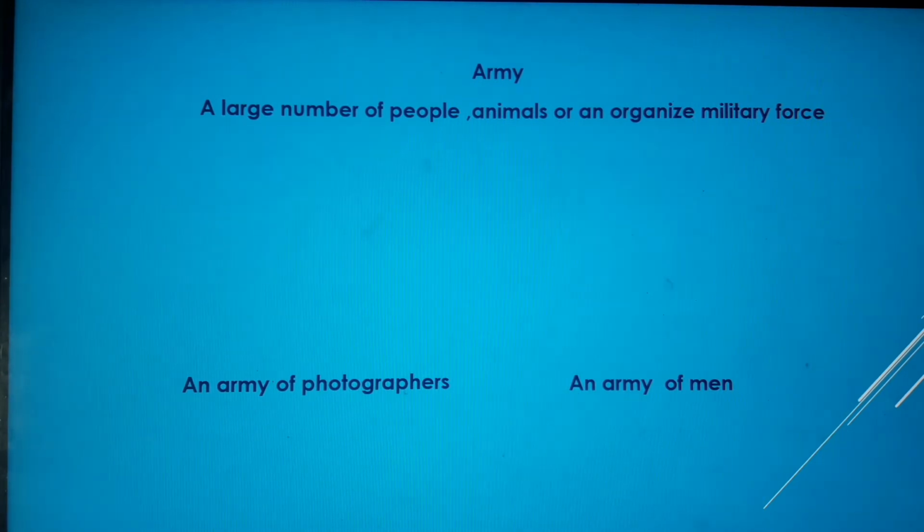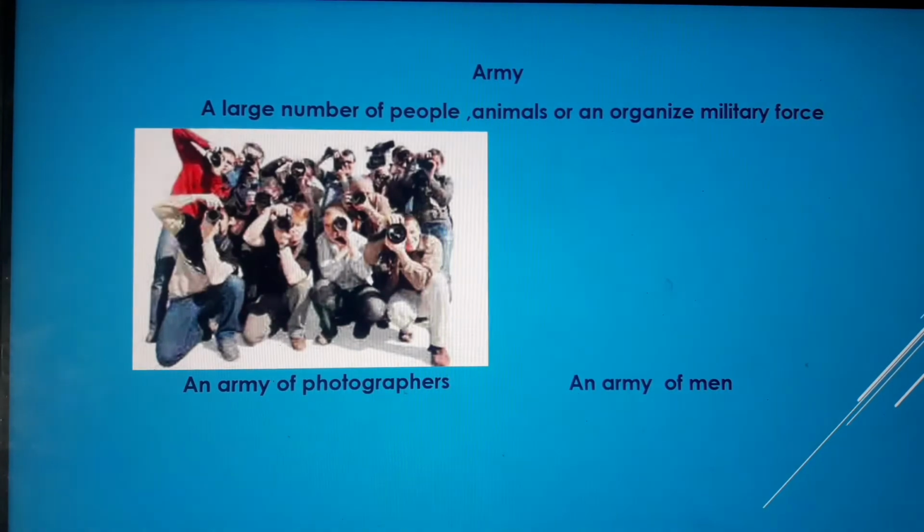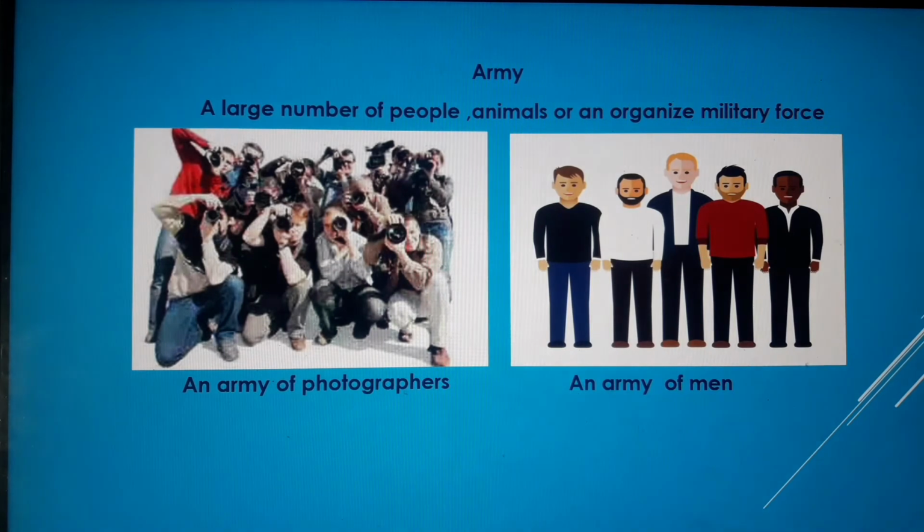So when they are together, we'll say army. First one, an army of photographers. Here you can see many photographers together. So an army of photographers. Likewise, an army of men. So many men together. So we say in collective noun, an army of men. Let's go to the next one.